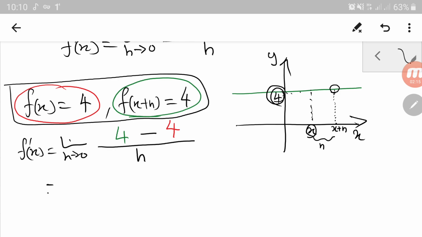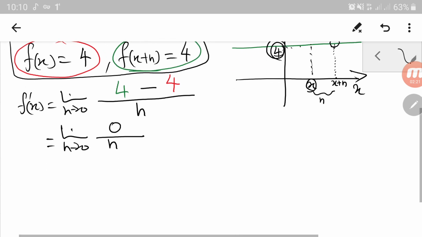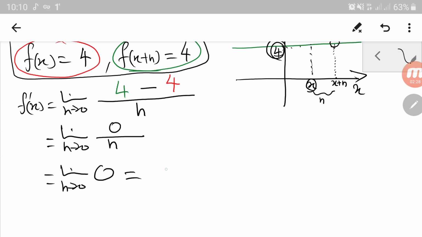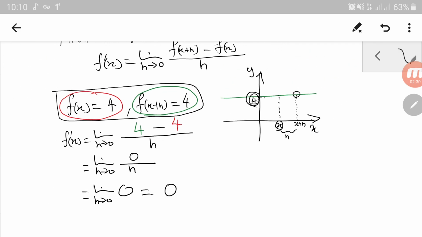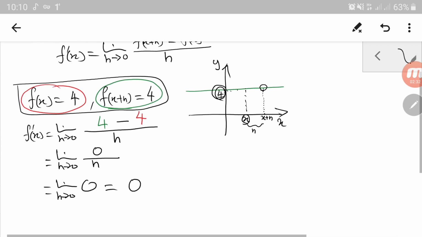So limit h approaching 0, 4 minus 4 is 0 over h. Now 0 over h is 0. So limit h approaching 0 for 0 is 0. So that's how we get the first derivative of f(x) equals 4. So the first derivative is 0.